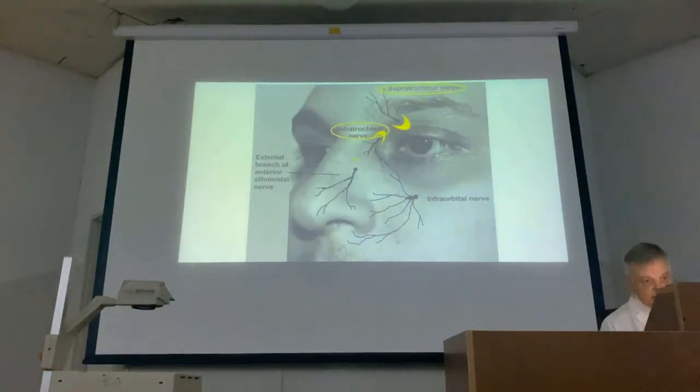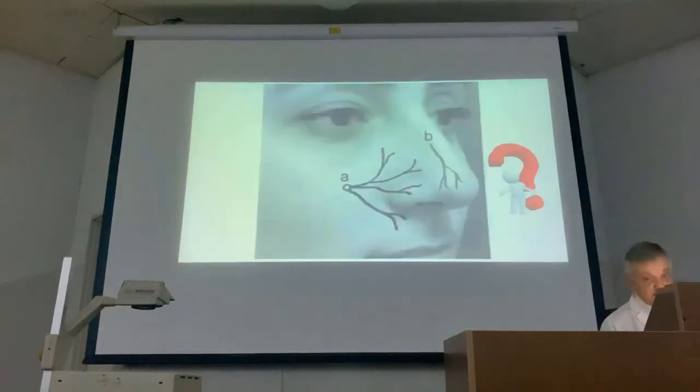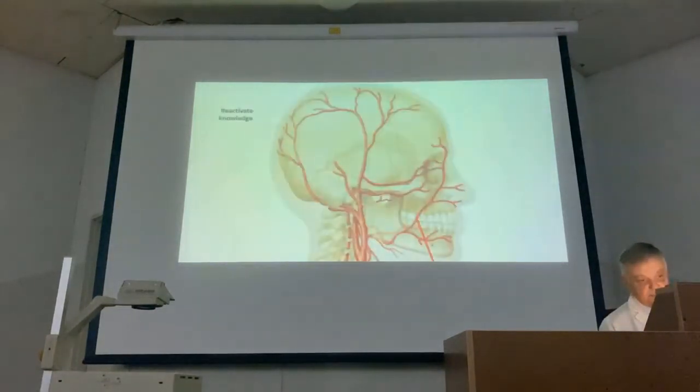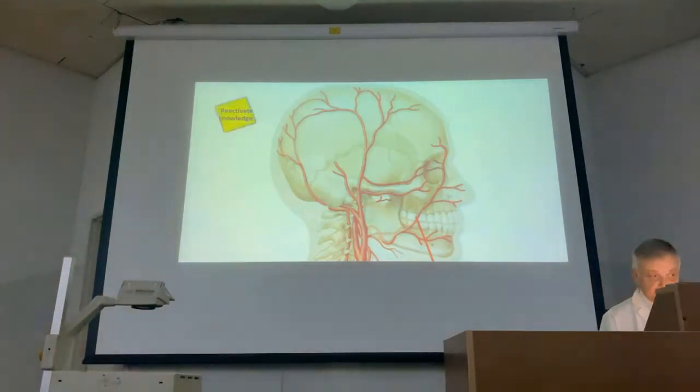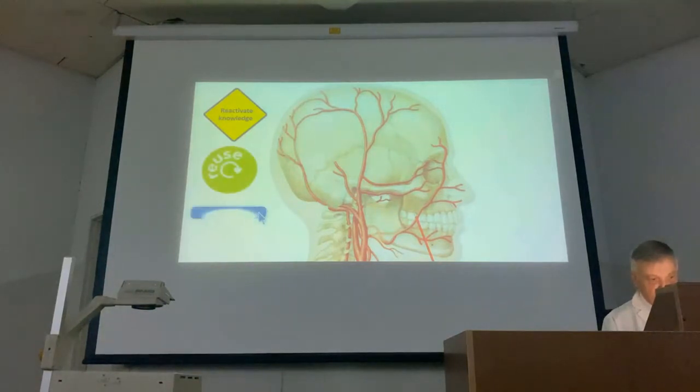The face is supplied by many sensory nerves. Face has very good sensory receptors. And when you study your cardiovascular system, probably you studied arteries of the head and neck, and you need to go back to it because we are going to use it.